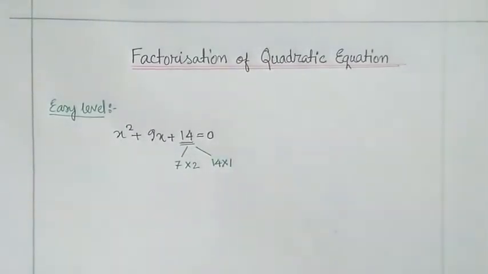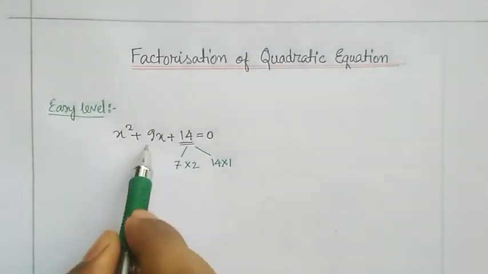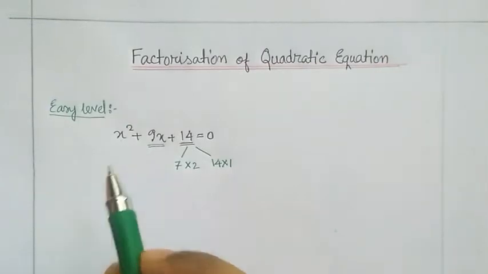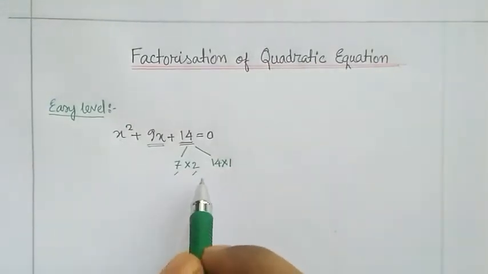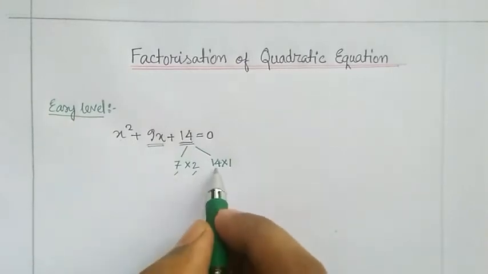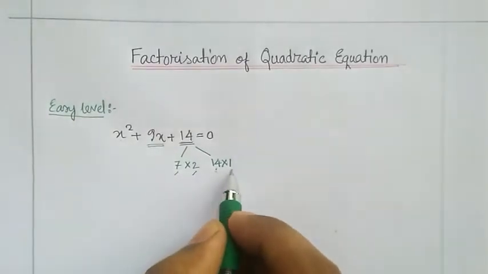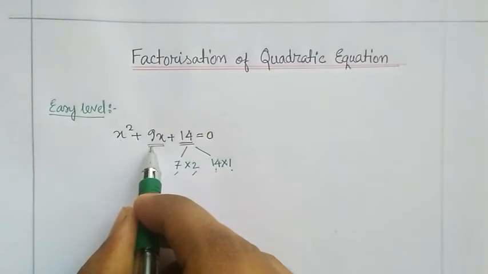No. Now what we have to do is we have to express this middle term in terms of plus or minus of these factors. Now let's say here is 14 and here is 1. If we add 14 and 1, do we get 9x? No, we get 15x.